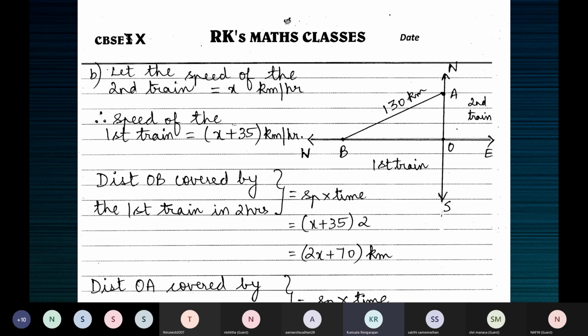I've taken 2 points A and B. OB is the distance covered by the first train in 2 hours. OA is the distance covered by the second train in 2 hours. And you can see that they're calculated using the formula speed into time.